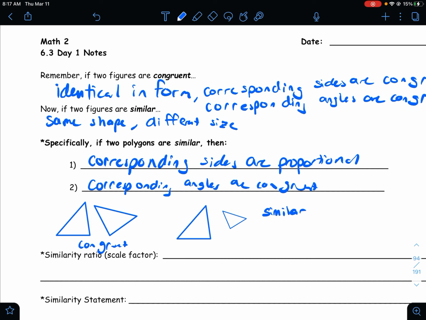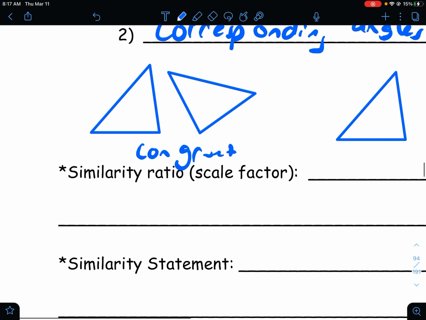So then we have scale factor. Scale factor shows you the ratio of the size from your new image to your old image. One way to calculate this is image over pre-image, and we'll talk about what these terms mean.